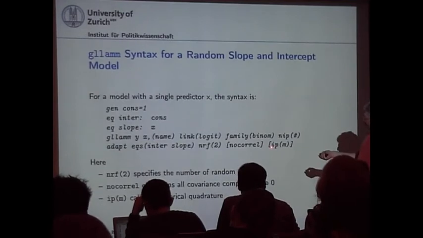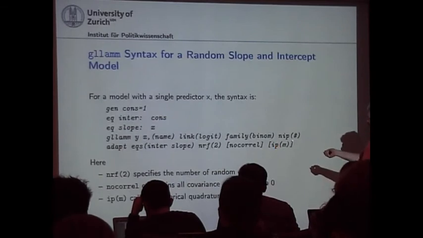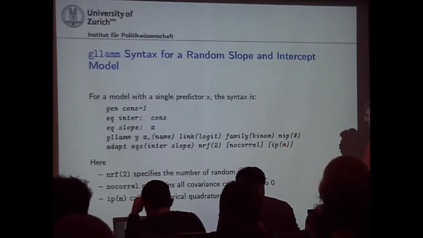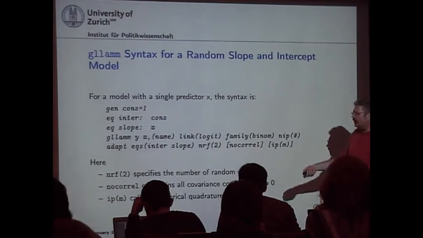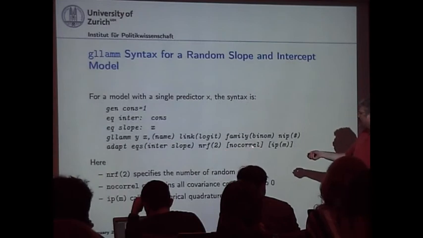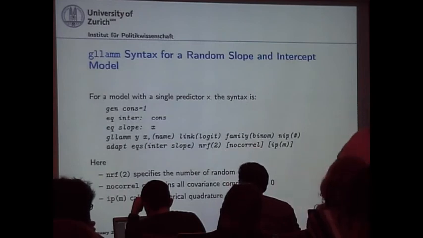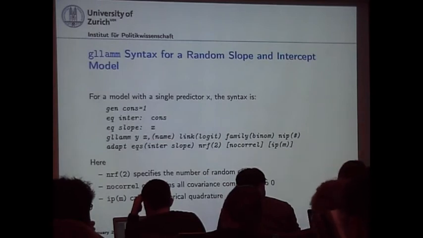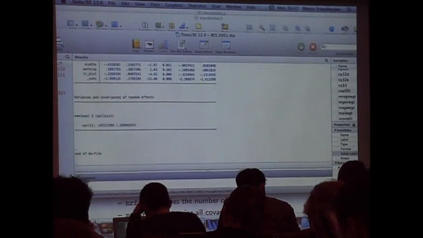And if you want to do a spherical quadrature, you can do that with this IP parentheses M option. And if you want to suppress the covariance, so we're back to this thing here, you can do that by saying no call as an option. So I'll show you how that works, and then I think we'll call it a day.